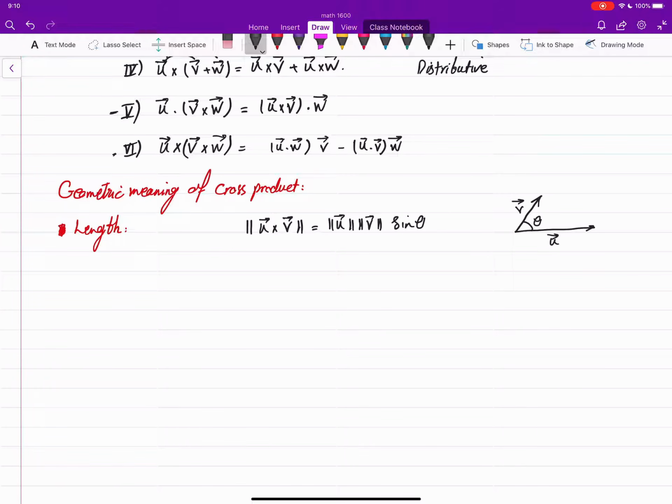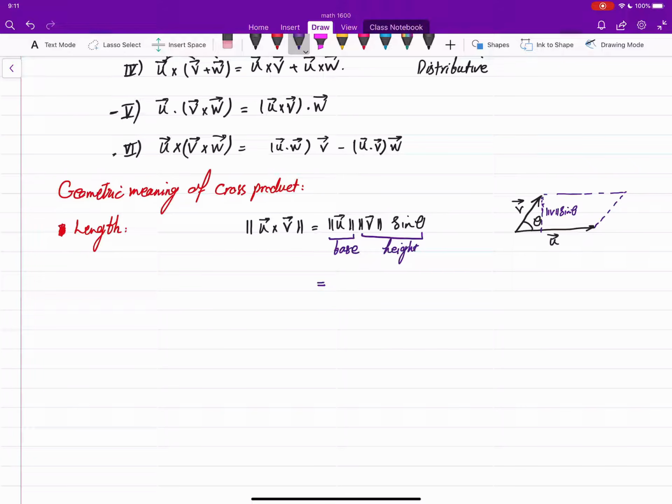But if you look at this a little bit closer, you notice that length of v times sine theta is this height. So this part is the height of this parallelogram, and the length of u is the base. If you have base and height of a parallelogram, you multiply, you get its area.